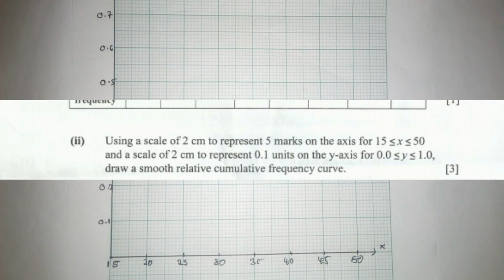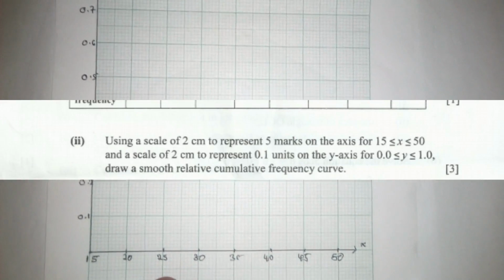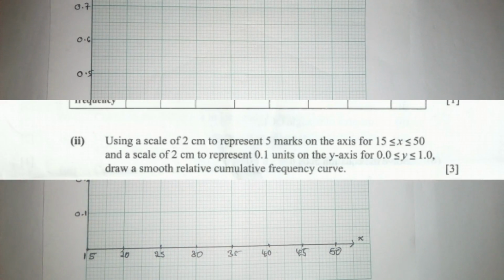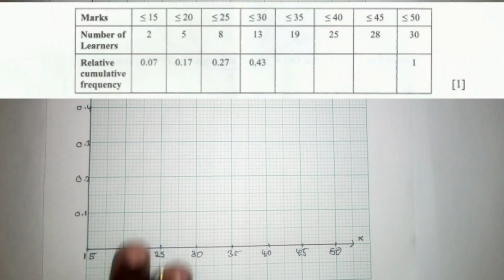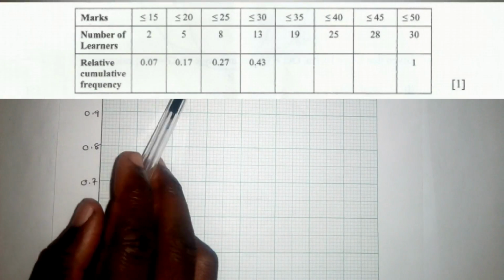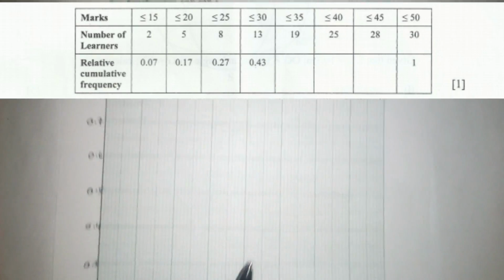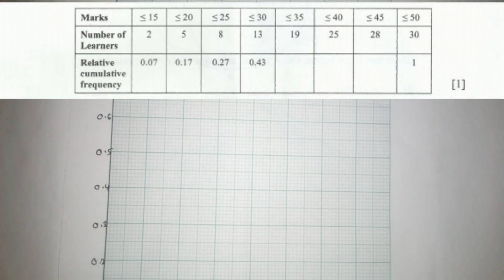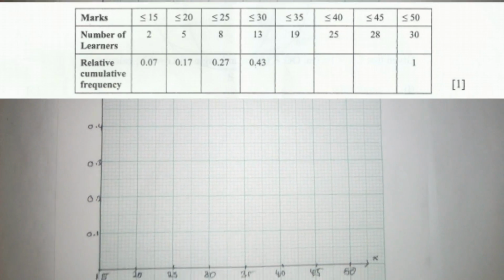So now we start the plotting. Our plotting will be done using the table. The line will follow the relative cumulative frequency and the marks, so we can check on our table.